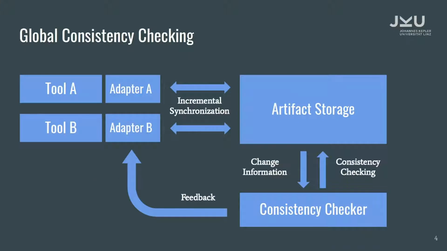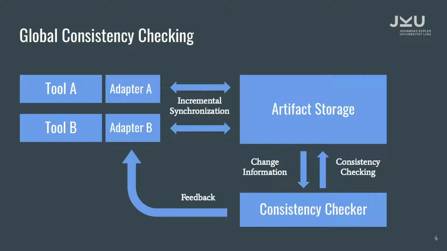So let me tell you about global consistency checking really quick. What we do is essentially we equip tools with tool adapters, and we incrementally synchronize engineering artifacts, respectively changes thereon, with an artifact storage. And this artifact storage hierarchically stores changes on engineering artifacts and stores these changes in a work area hierarchy.